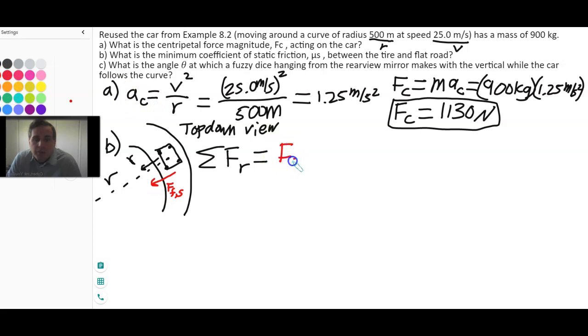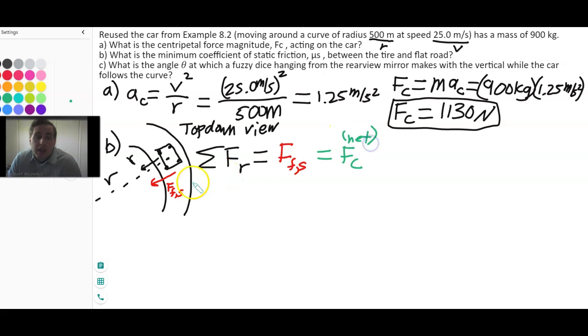And just like we talked about many times in Newton's second law problems, we add up all the forces from the free body diagram. In this case, it's only the friction force, and that equals the net force on the right-hand side. But the net force, in this case, is the centripetal force. Remember, this is the net force.